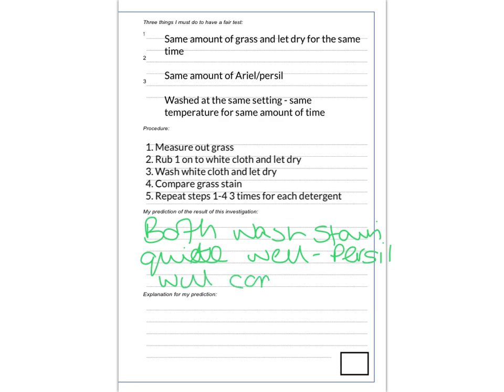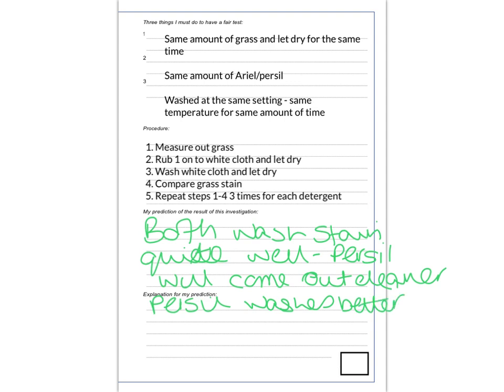The only way to prove this is if I did the experiment myself. We might have a bit more time on our hands over Easter, so who knows, maybe I'll end up doing that. Explanation: because Persil washes better. I have no real scientific explanation behind this, guys, only preference in this instance, and if I really wanted that answer, I would have to look into doing that experiment myself.